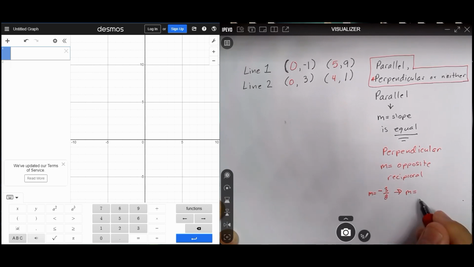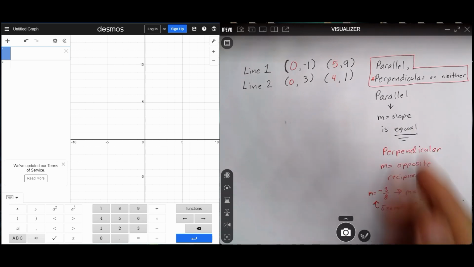So instead of a negative, it's going to be a positive. And the reciprocal means that we flip the numerator and denominator. So it would be positive 8/3. So this is just an example. If the slope of one line is -3/8, the slope of the other line should be positive 8/3.